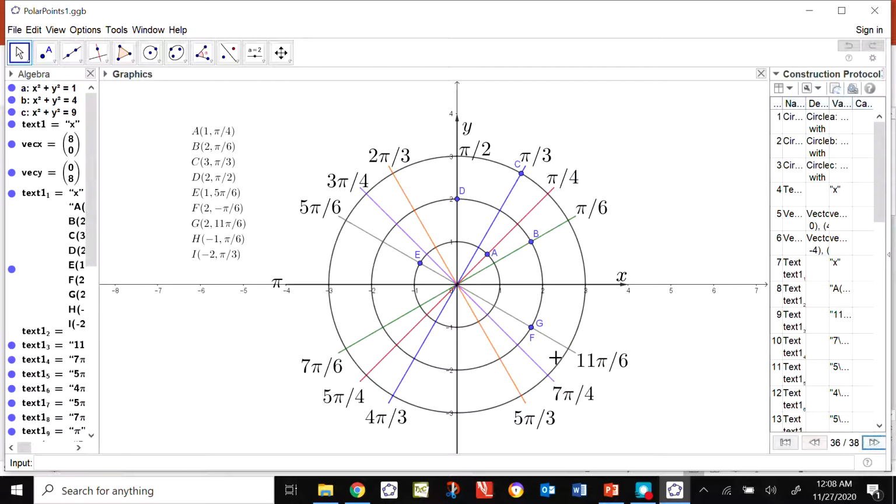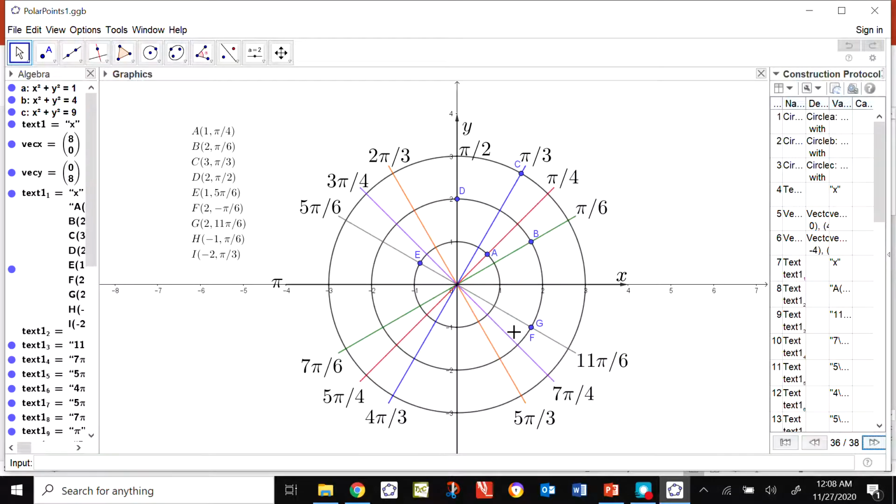Can you think of any other ones? Yeah, what if we just went full circle again and came back to this point? So that means to 11 pi 6 add a 2 pi. Yep, that would work. What about 4 pi? That means twice you go around the circle and come to this point. Yeah, you can represent this point with that angle as well.